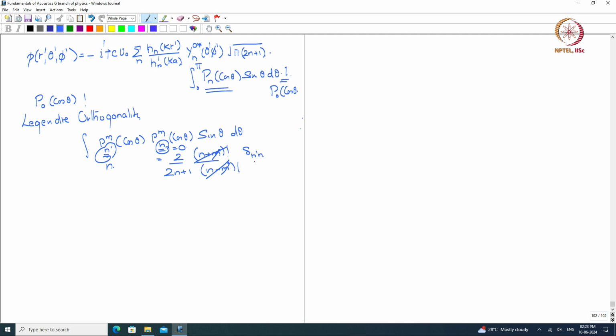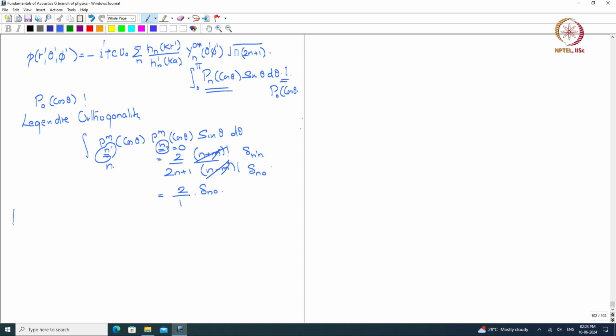So, now this delta n dash n will be delta n and 0, okay. So, and n is 0, right. So, this will be 2 by 1 delta n 0, okay. So, now what happens here?